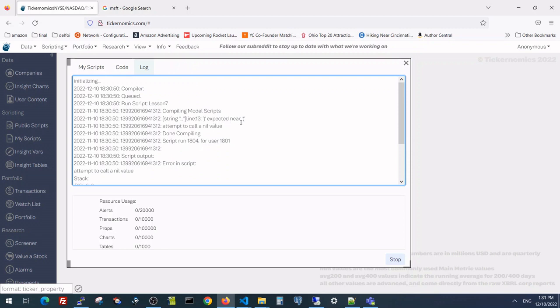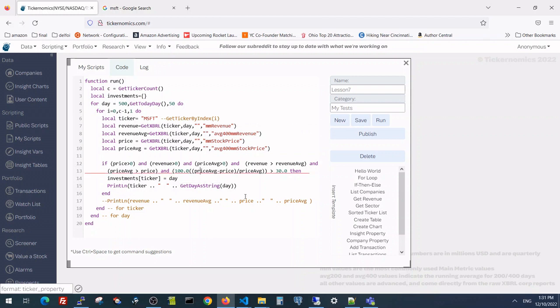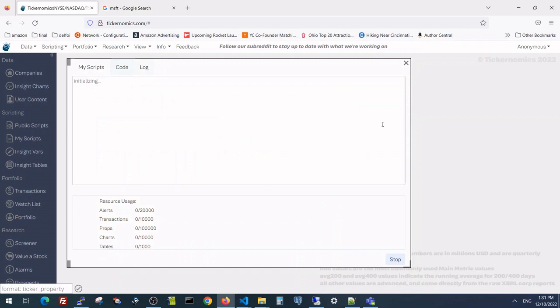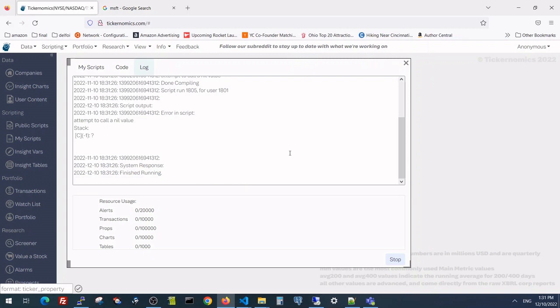Line 13, expected, yeah. Why did I make a mistake here? That should be good, hopefully. Still not good.